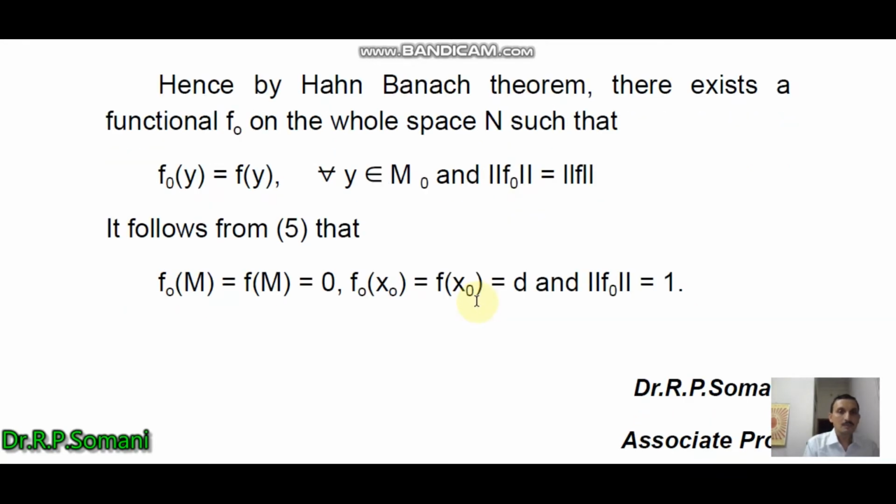So then from 5 it follows that f0(M) equal to f(M) equal to 0, and f0(x0) equal to f(x0) equal to d, and norm of f0 equal to 1. So we have obtained such a functional which satisfies all three conditions: f0(M) equal to 0, f0(x0) equal to d, and norm of f0 equal to 1.